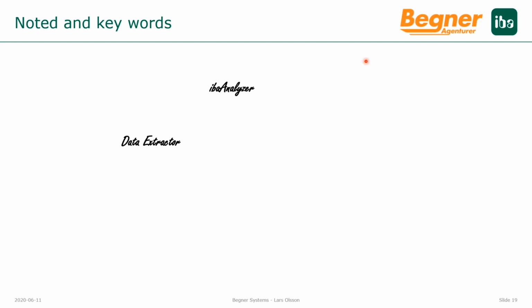We used the data extraction tool inside ibaAnalyzer to land all the data in the database. ibaDatCoordinator was a central point, and we had two different kinds of jobs that we had a look at today. Event jobs was the first one, and we also used the one-time jobs to take care of the process development engineer investigating the history of some interesting KPI or process parameter.